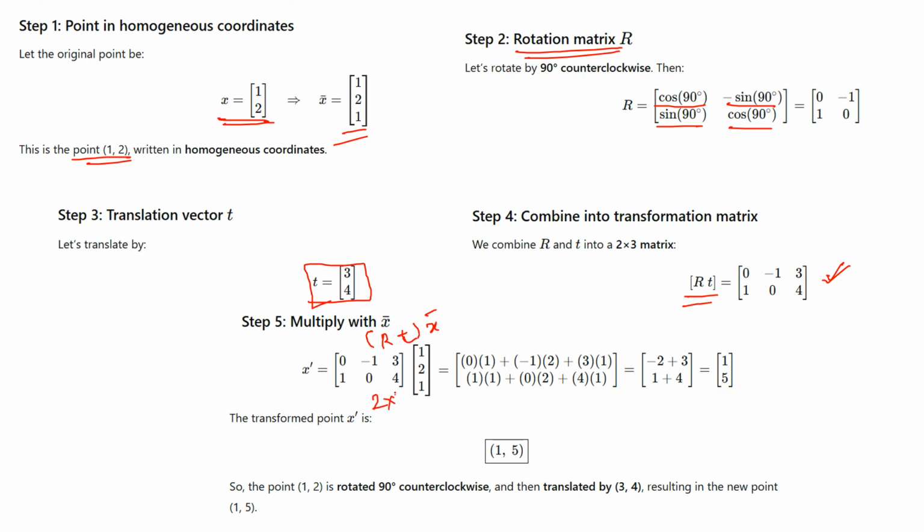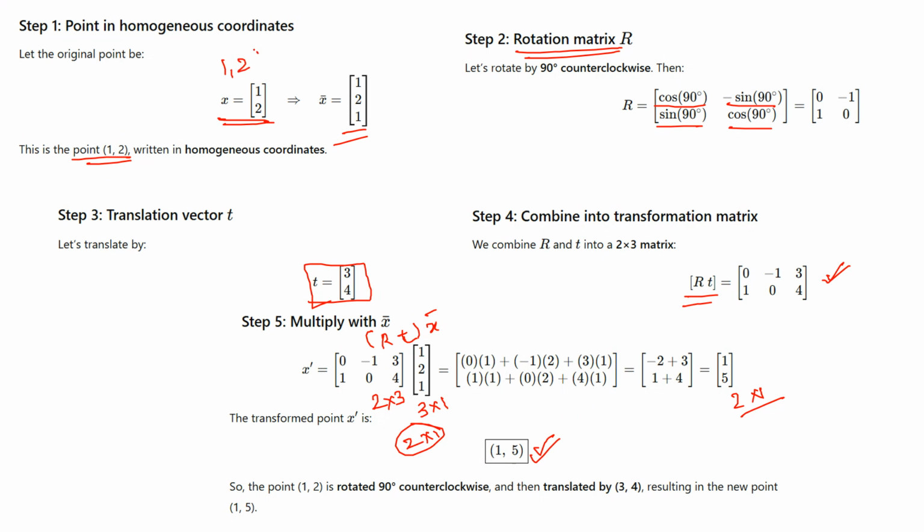So the dimension is 2 cross 3 and 3 cross 1. On performing matrix multiplication, we will get the resultant matrix as 2 cross 1. This you know, 0 into 1 plus minus 1 into 2 plus 3 into 1. Similarly, the next row, resulting in 1 and 5. So the transformed point is 1 and 5.